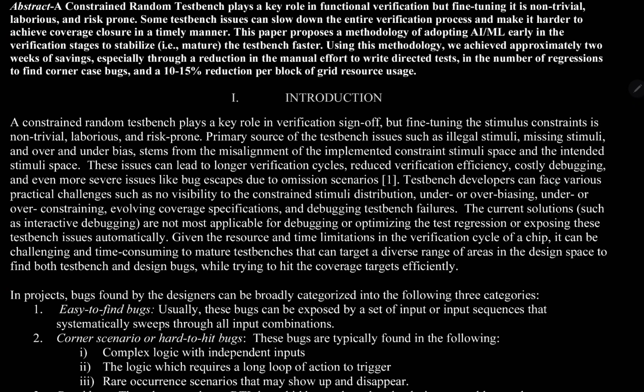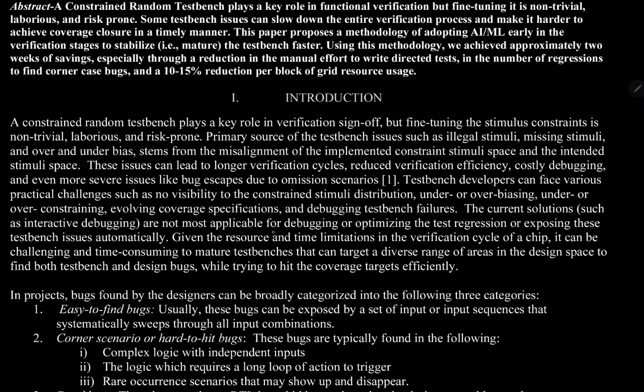Testbench developers can face various practical challenges such as no visibility to constraint stimuli distribution, under or over biasing, under or over constraining, evolving coverage specification, and debugging testbench failures. The current solutions, such as interactive debugging, are not most applicable for debugging or optimizing the test regression or exposing these testbench issues automatically.